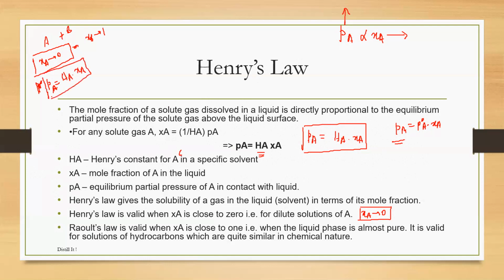While the second component, that is PB, will be explained by Raoult's law. So PB is equal to P naught B XB.